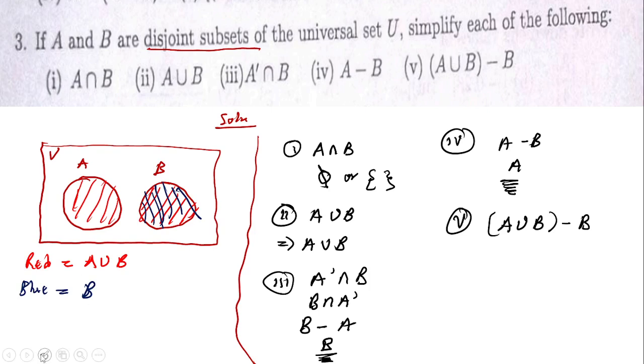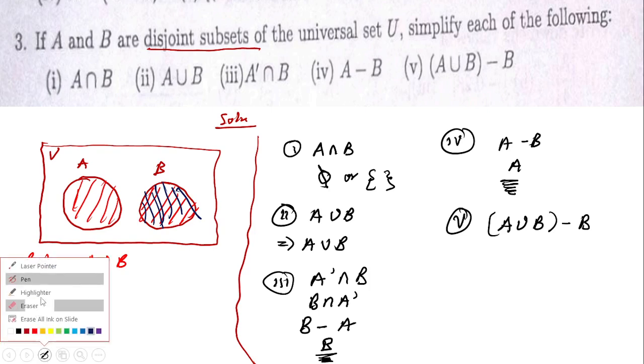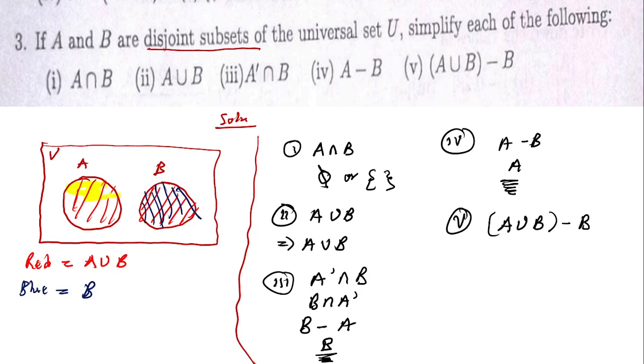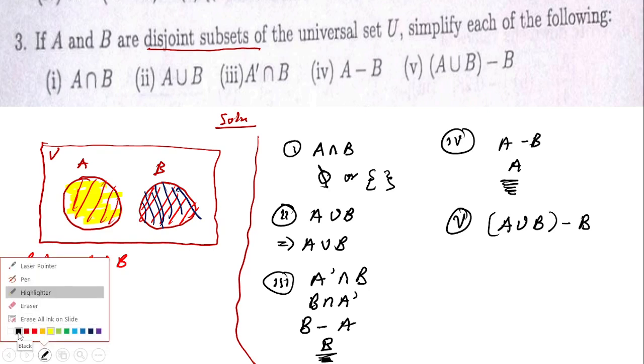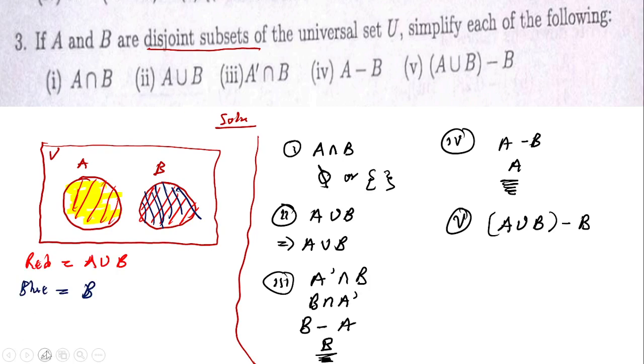So from red you remove blue, what you are simply having is this particular set here. That simply means that A union B minus B, the answer is simply A. So for this question, it was just the game of knowing how to use the Venn diagram, which I have already explained.